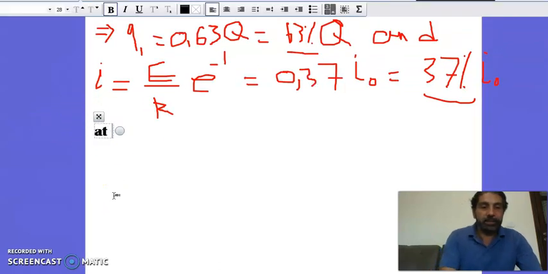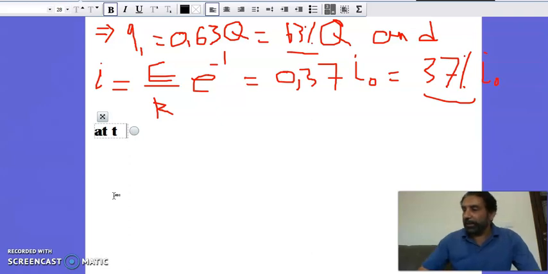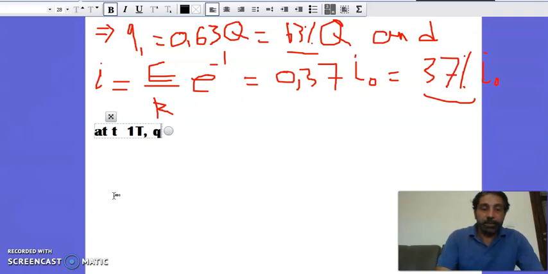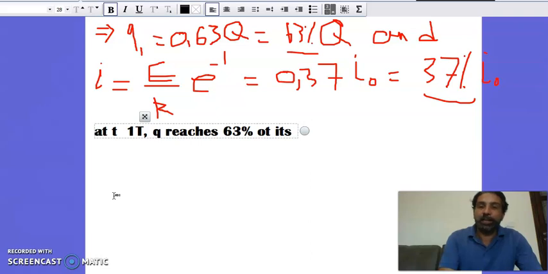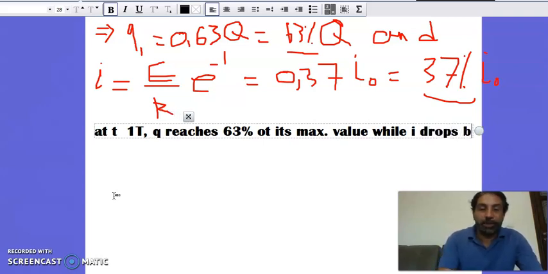At t equal 1 tau, 1 period, Q reaches 63% of its maximum value, or total value, while the current I drops, let me emphasize on it, drops by 63%.